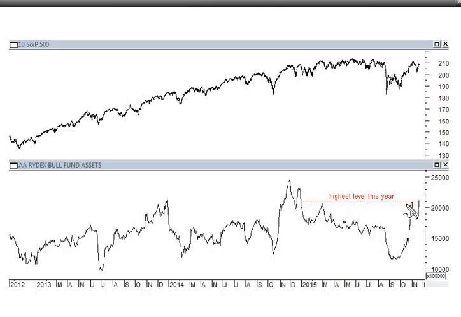But the bull fund assets nevertheless reached their highest level this year yesterday, which is kind of interesting. In fact, for this indicator there are very few readings higher than the current one. You can see them all in here.